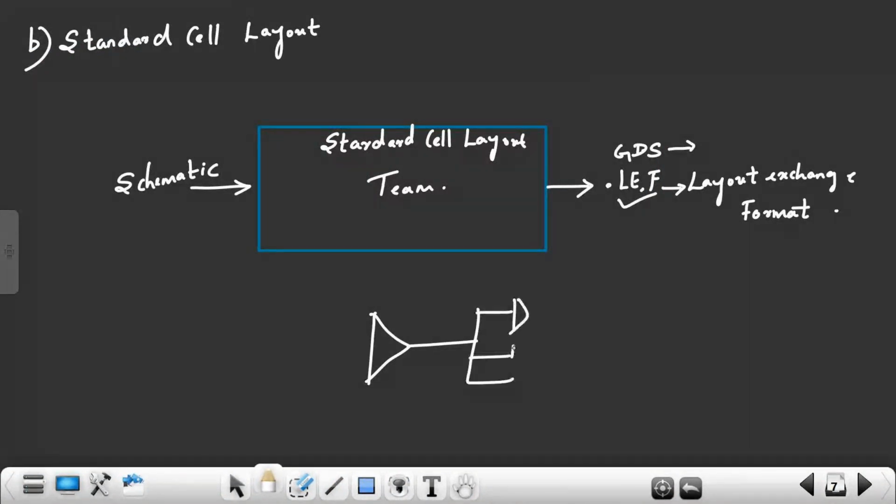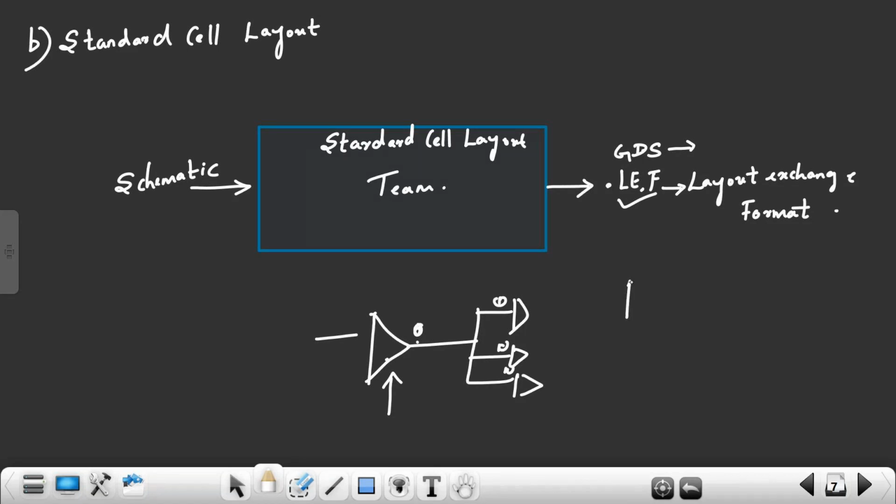This is fine. Output of this cell can be taken by other cells. If this is producing logic 0, all these cells will take what? Logic 0. One cell driving many load cells. This is called the driver cell. This is called what? Load cell. A driver cell driving many load cells is fine.